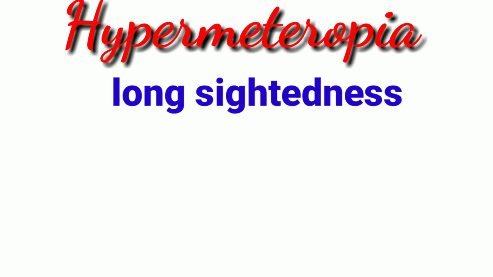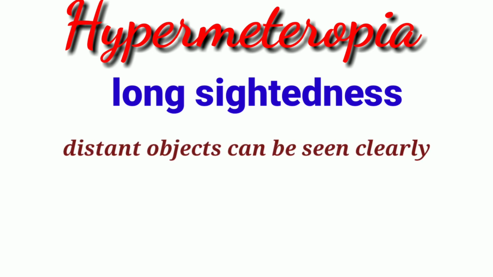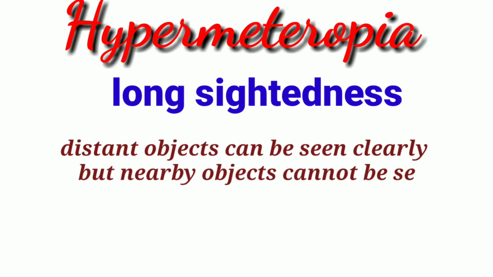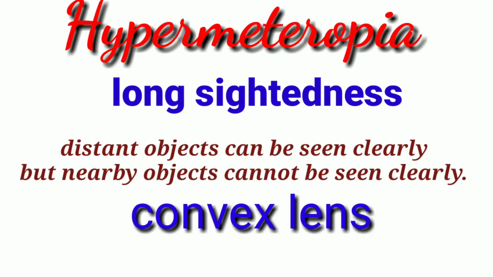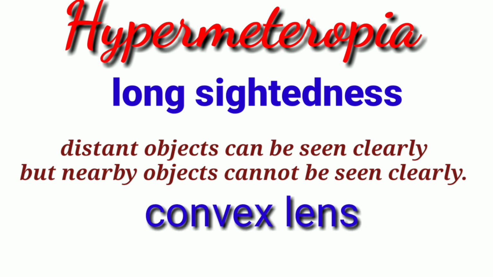Hypermetropia is also known as long-sightedness. In this defect, distant objects can be seen clearly, but nearby objects cannot be seen clearly. This defect can be corrected using a convex lens.